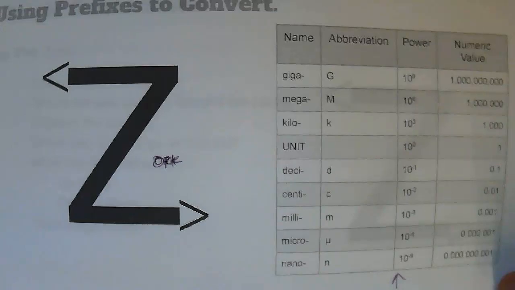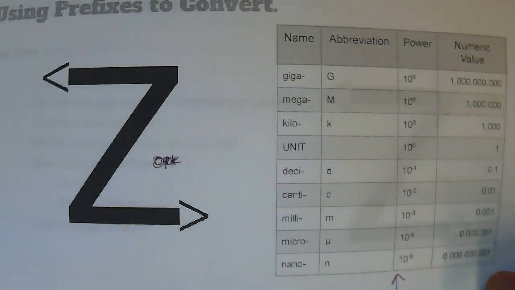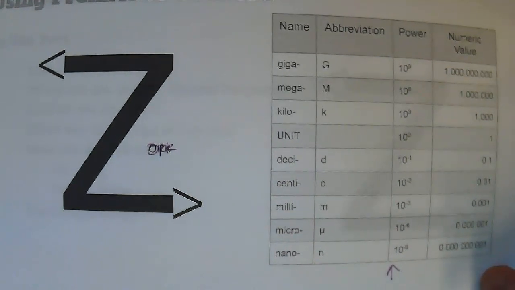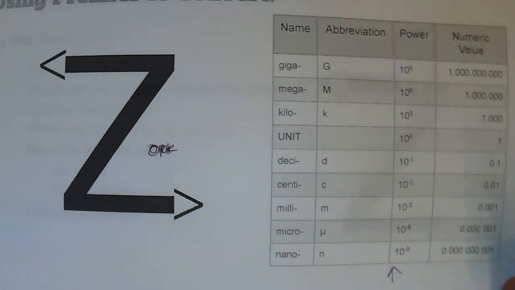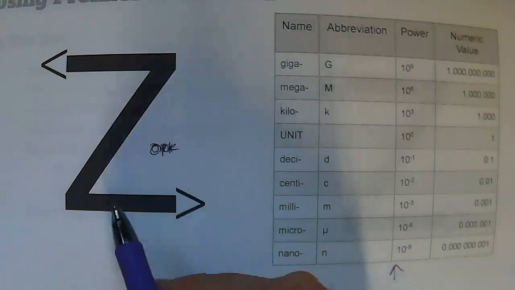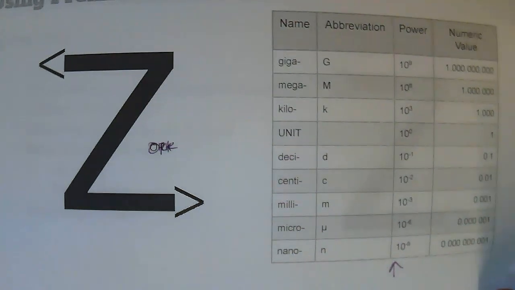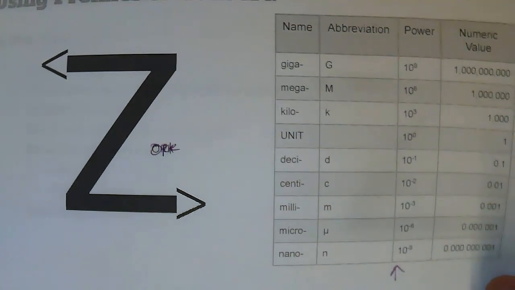This is a fancy way of moving the decimal, but we're not going to have to worry about thinking too much about whether we're going to move it left or right, which way it's going, all the decimal point, all this stuff. So we're going to use the Zork as our basis here.